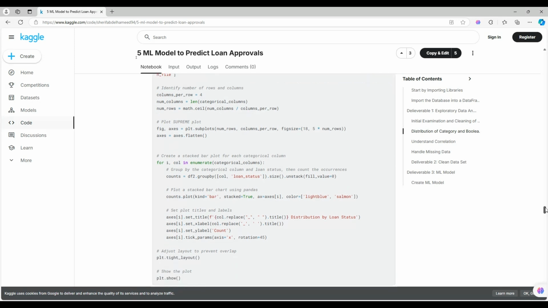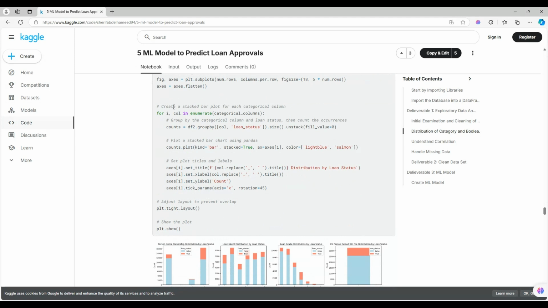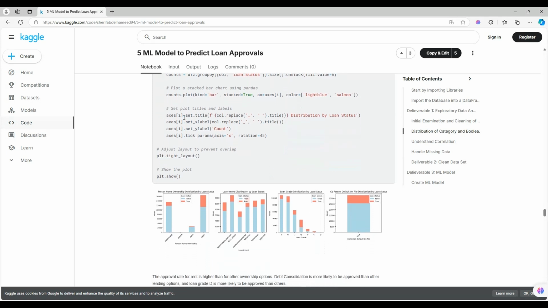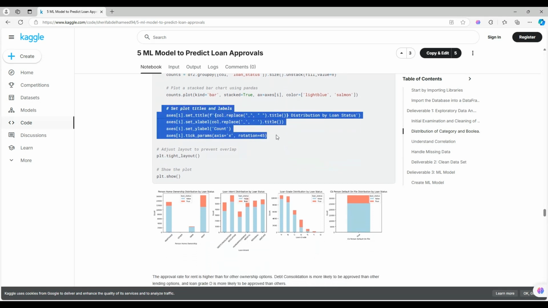Then the tricky part: I would have liked to create a stacked bar plot. This is why you have the unstack, fill value equals 0. When you plot a stacked bar, you say stacked equals true, and choose the colors to be representative. All of this is just formatting for the charts.